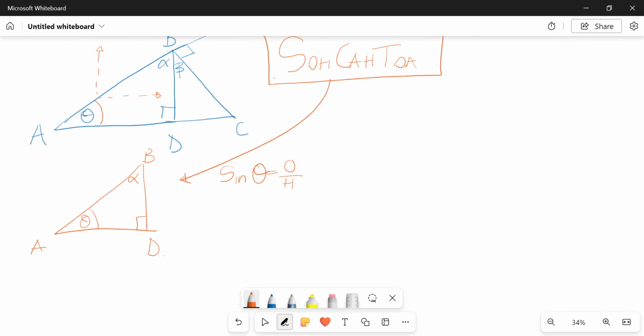Okay, and by looking at this, your opposite of theta will be there, BD, your hypotenuse will be this portion here, AB. So if you had to express BD in terms of sine, remember when you're dealing with components, you're essentially trying to find the vertical representation as well as the horizontal.